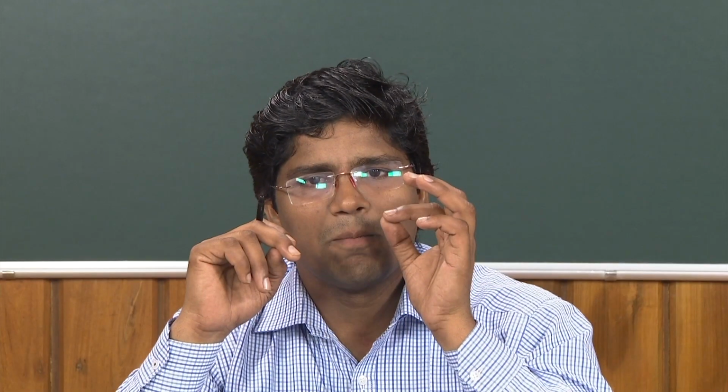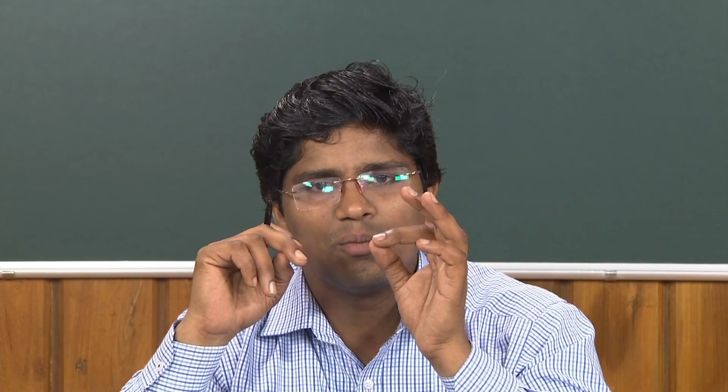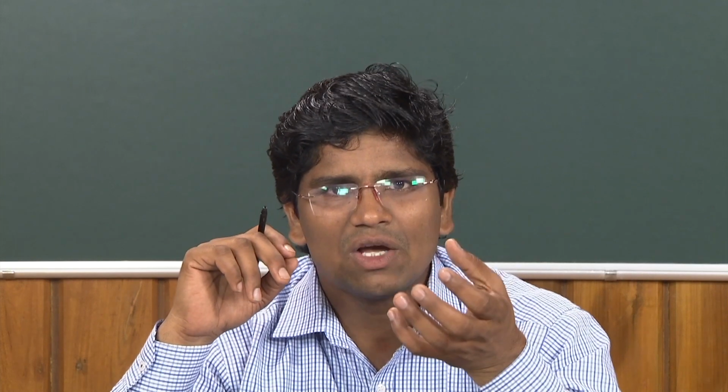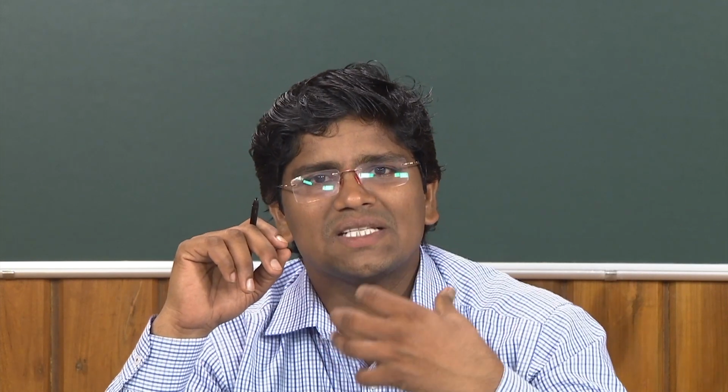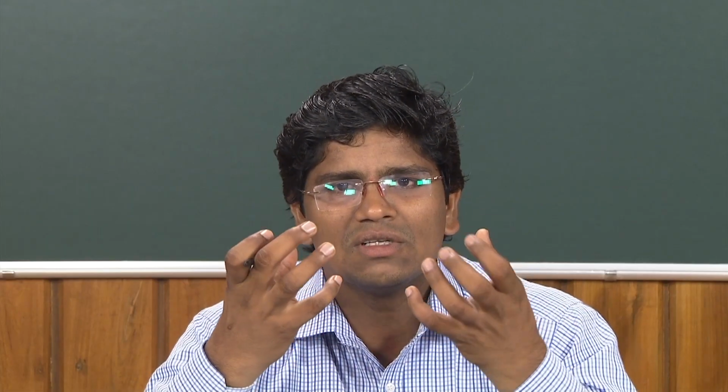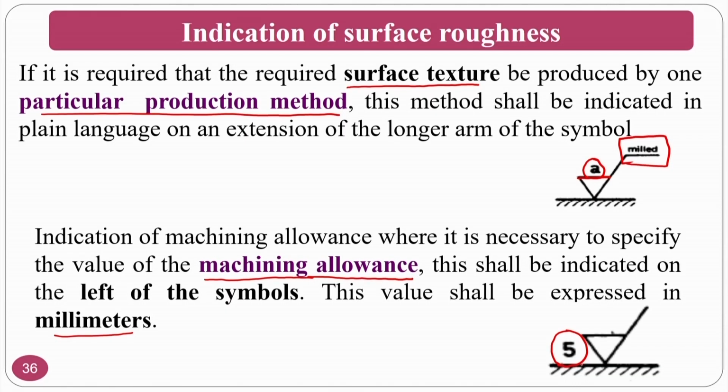There will be a plus or minus 0.01, 0.1 mm or something. So, that is what the allowance is. Okay. So, the customer has to specify, because it is a constraint of a manufacturing engineer who cannot produce exact values. For that purpose, what the customer specifies is a certain allowance.